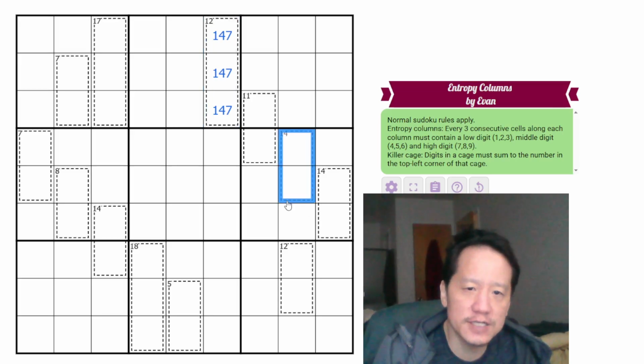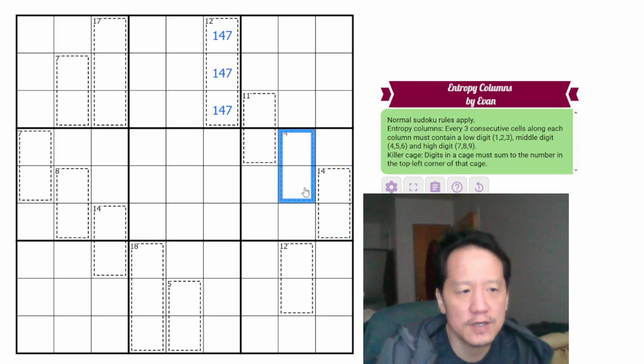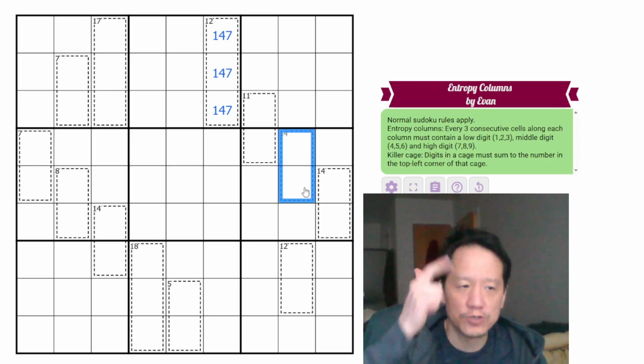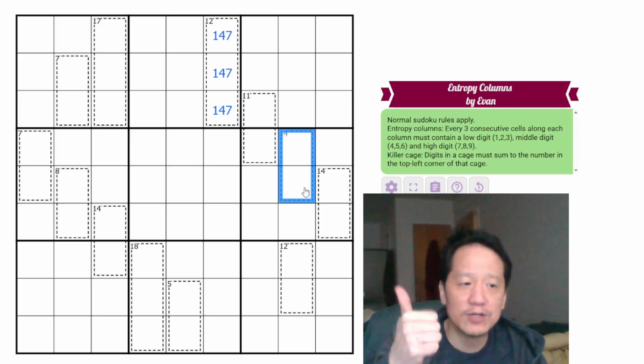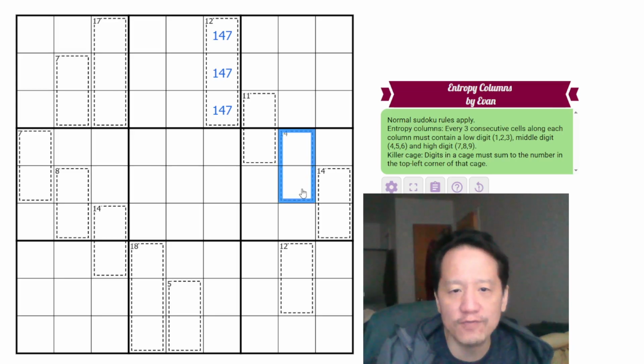For the 14 cages, we know that the 2 cells adding up to 14 have to be essentially either 5, 9 or 6, 8. Well, that's a middle digit and a high digit in each case. That means for the next 3 cells, one of these is a middle digit and one of these is a high digit.